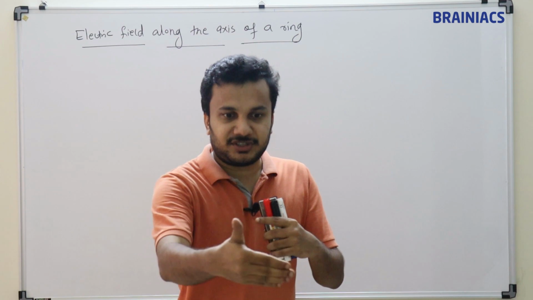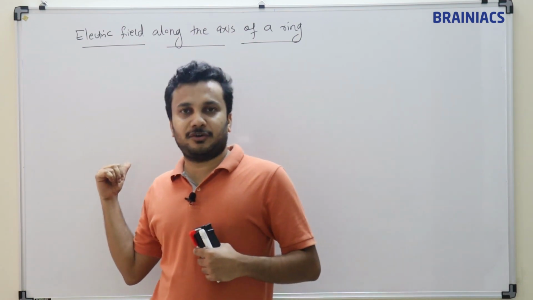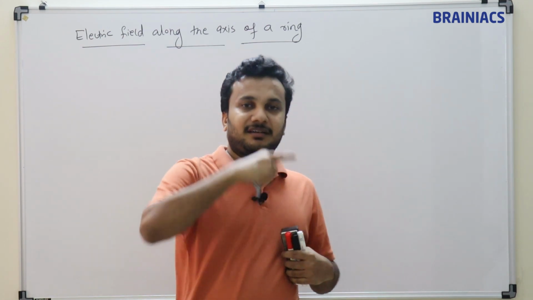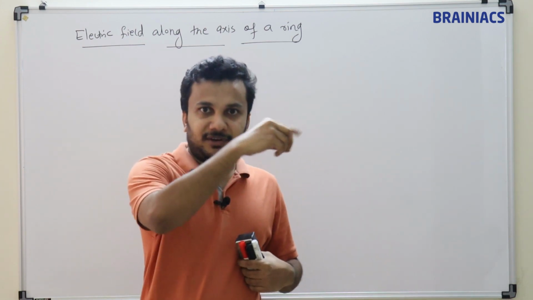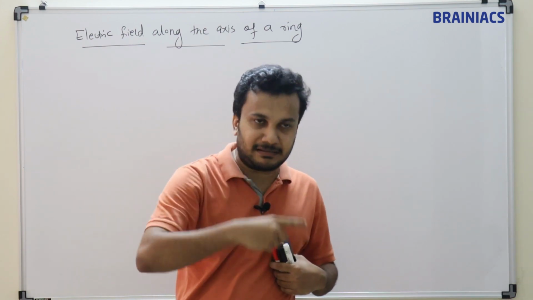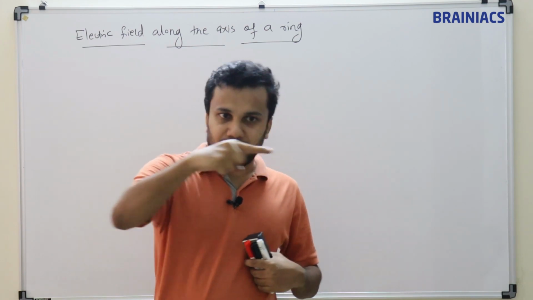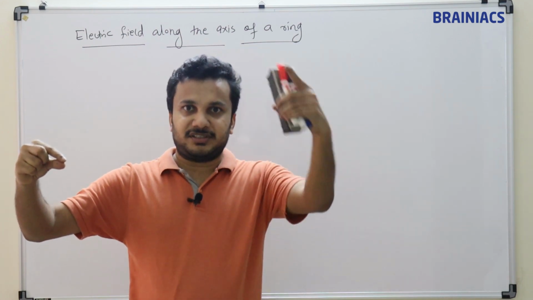If you are looking from your side, you can see only one side of the ring, but we cannot draw it in a two-dimensional picture. So imagine you have a circle like this. This is a circle, this is a ring, this is your bangle, whatever. In the center you are drawing one line along which you are going to find the field.